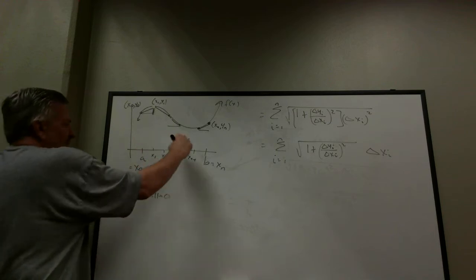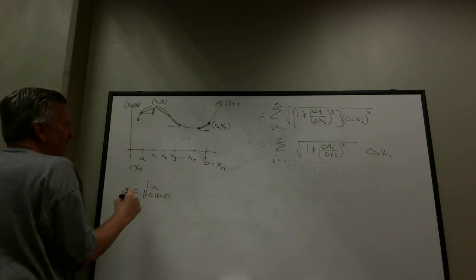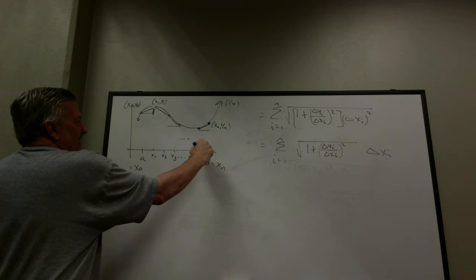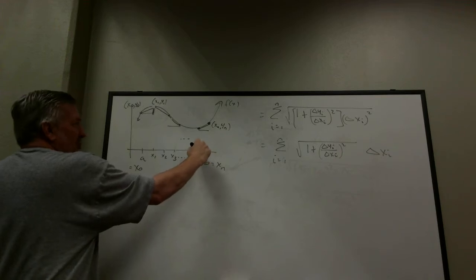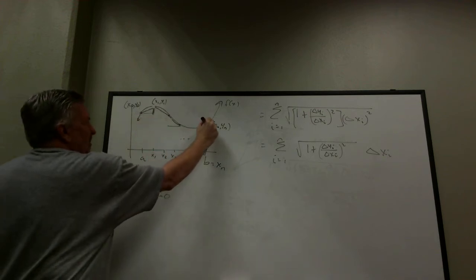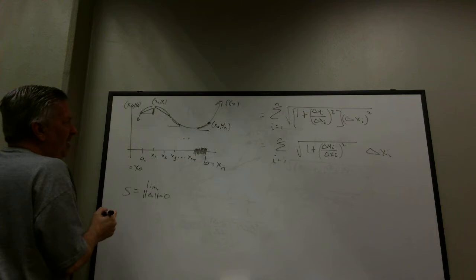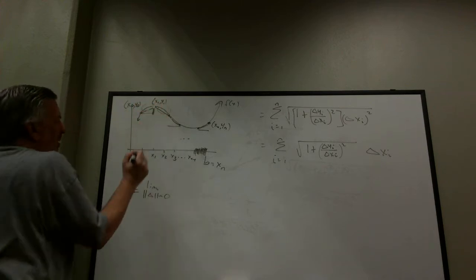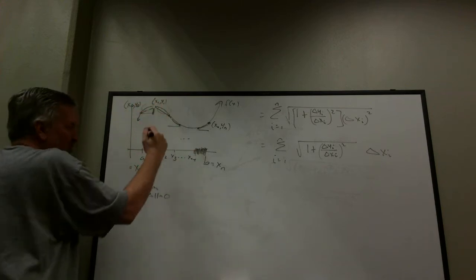So when you start chopping this up into more and more pieces, you can't just chop here. If I keep chopping here, n is going to infinity, but that's not going to give you the length of the curve, because you're chopping up this part and that's getting more and more approximate, but then you're not touching this at all, right? So this means keep chopping everywhere, that's all that means.